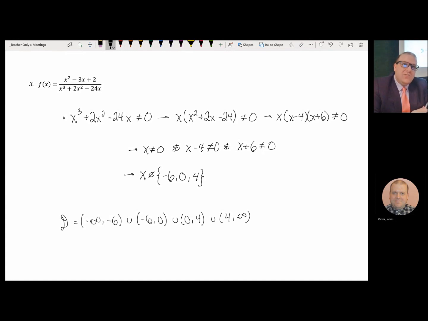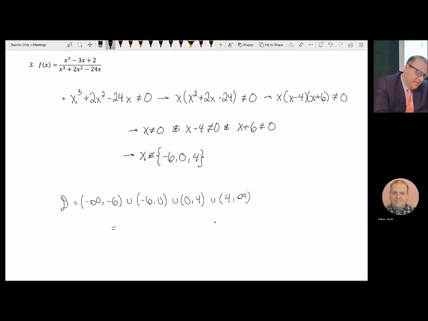The set builder for this? Can we write x such that x and then cannot equal? Yeah. Right. So you can do this. It's all real numbers. Like, you could just write x such that x equals and then the R symbol, right?